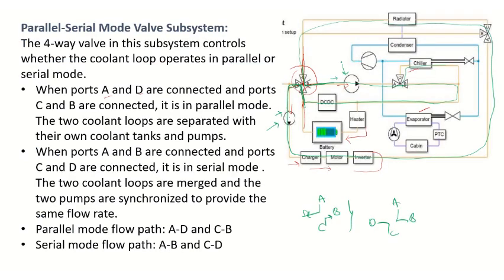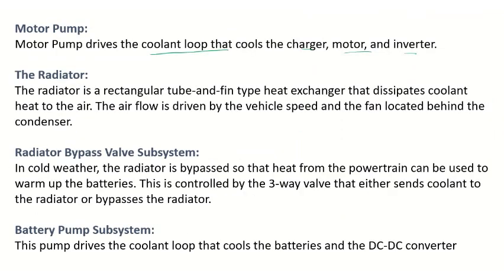So what is the radiator doing? It dissipates the coolant heat to the air. Coolant is used to cool the environment there, but if it is having some heat, that will be dissipated with the help of a radiator.